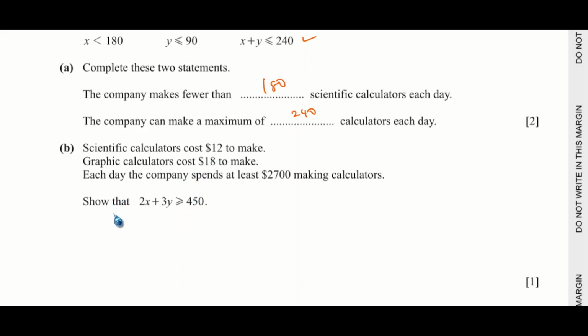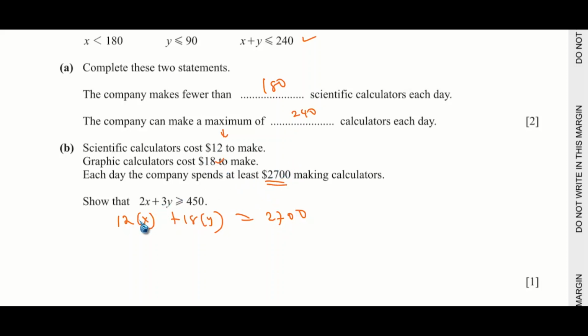Okay, so you have 12x plus 18y to be equal to 2700. So from here, this is 12x and this is 18y. So if you add the two together, it should give you this.